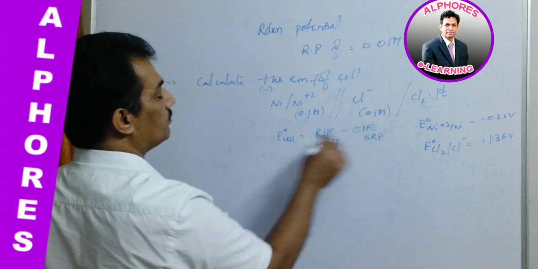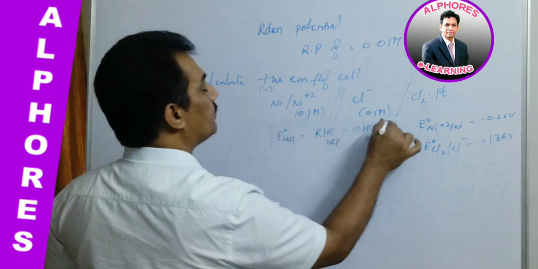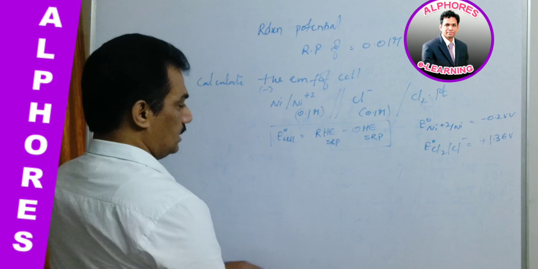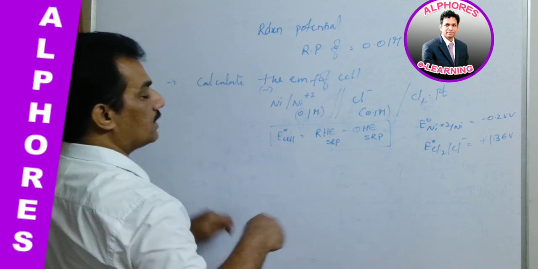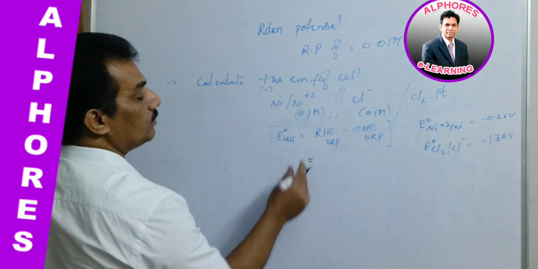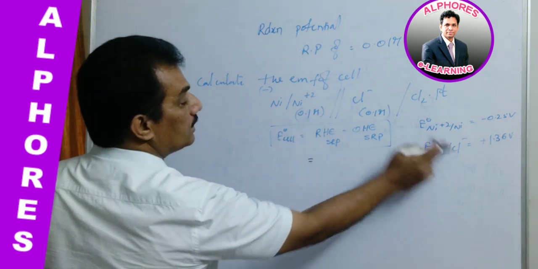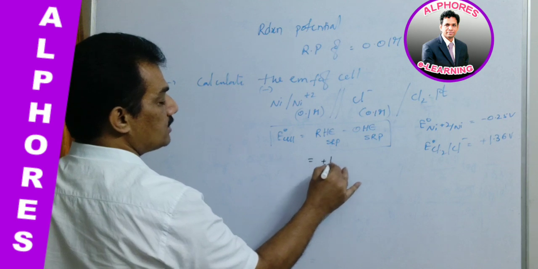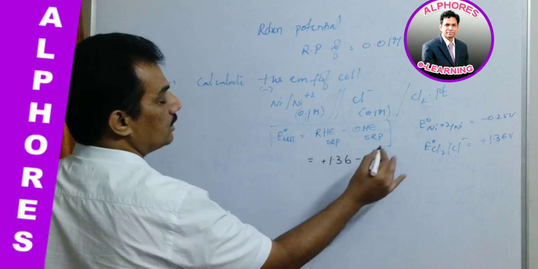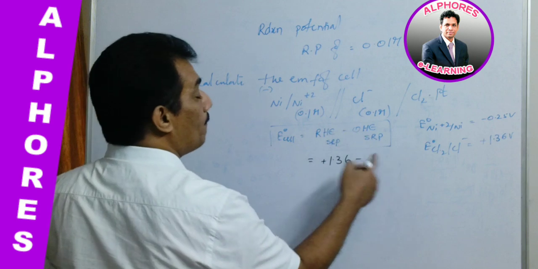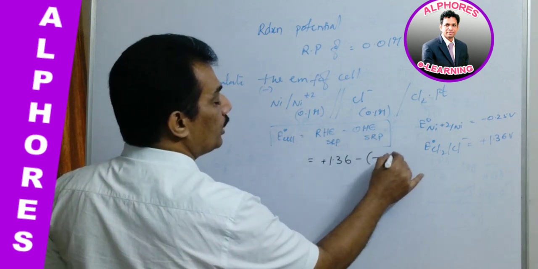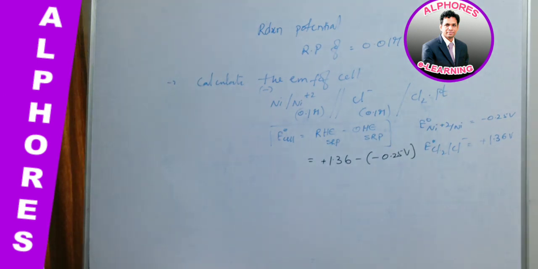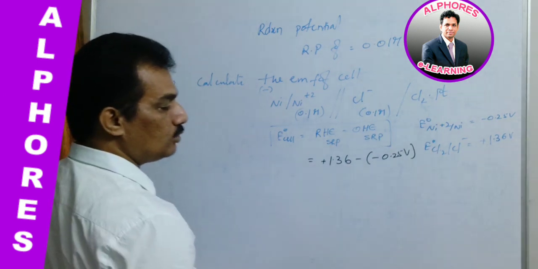This is the formula. So first you measure this. RHE is here, its electrode potential is plus 1.36 volts minus 0.25 volts, because for nickel the SRP value is minus 0.25.